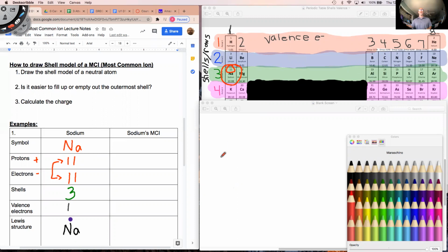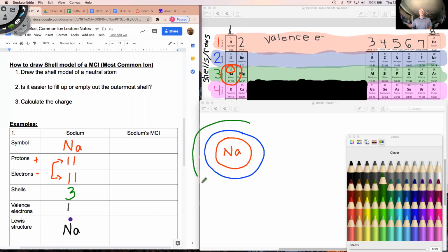That's the one with the circles. So we're going to have Na, and then the first shell is going to be red, the second shell is going to be blue, and the third shell is going to be green. Now, let's fill in the electrons as well.